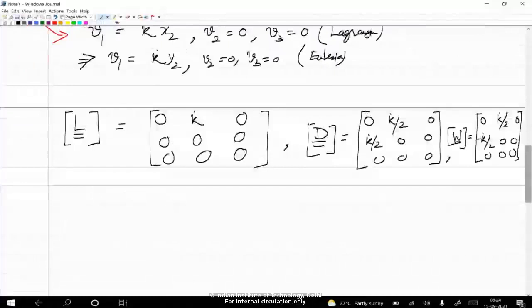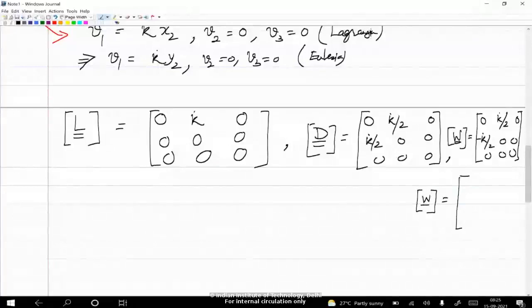And from here, can you find out what will be the angular velocity w, the axial vector of this? So notice that it has just 1, 2 and 2, 1 component. This W tensor, skew symmetric tensor W has just 1, 2 and 2, 1 component.